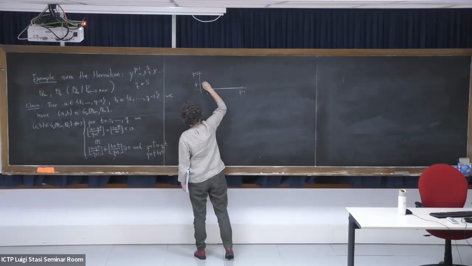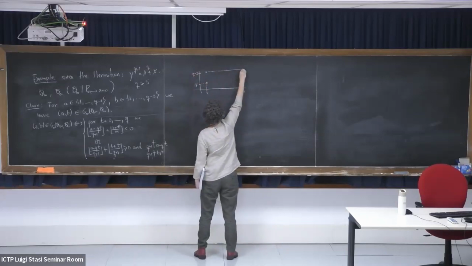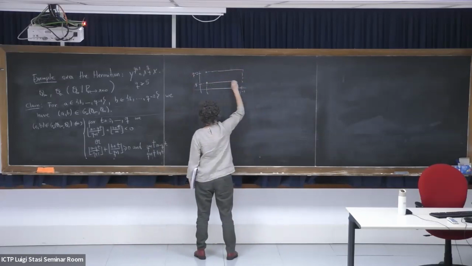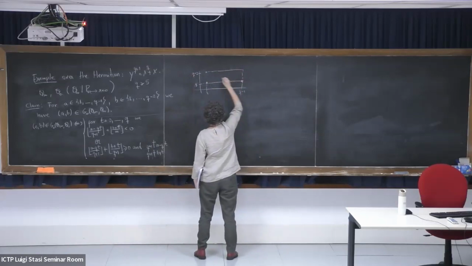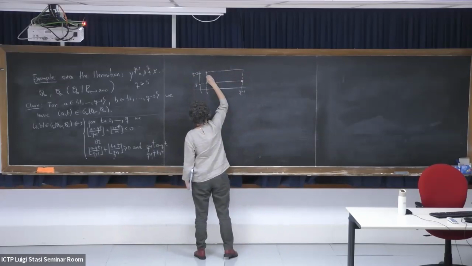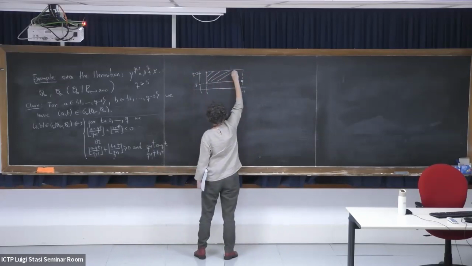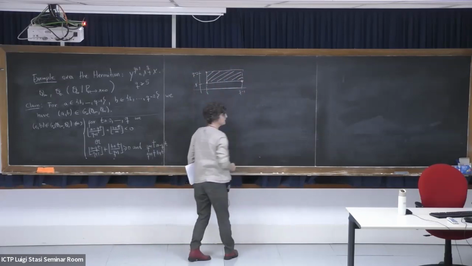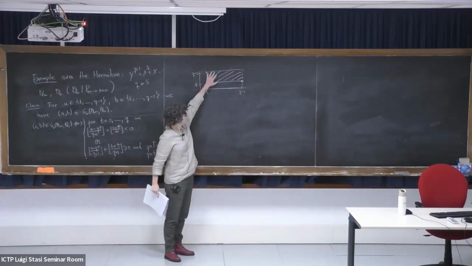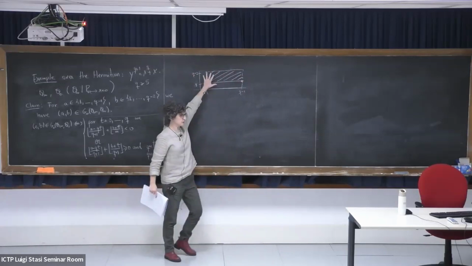So what we are saying is that all the pairs inside of this grid are all pure gaps, if you prove that.